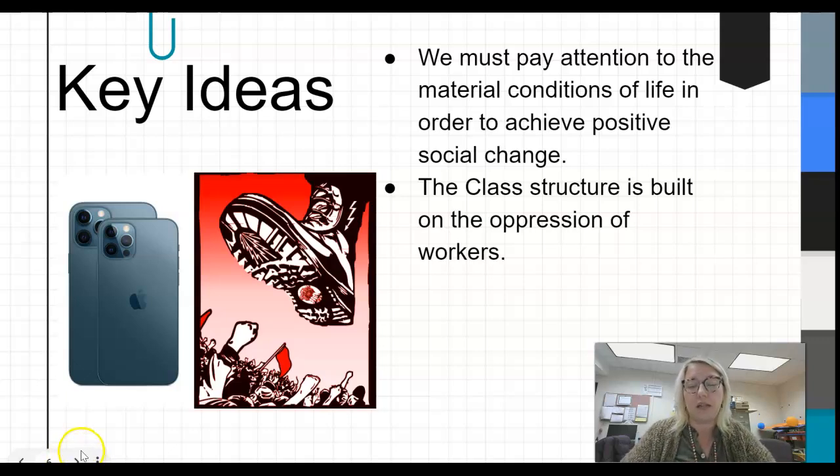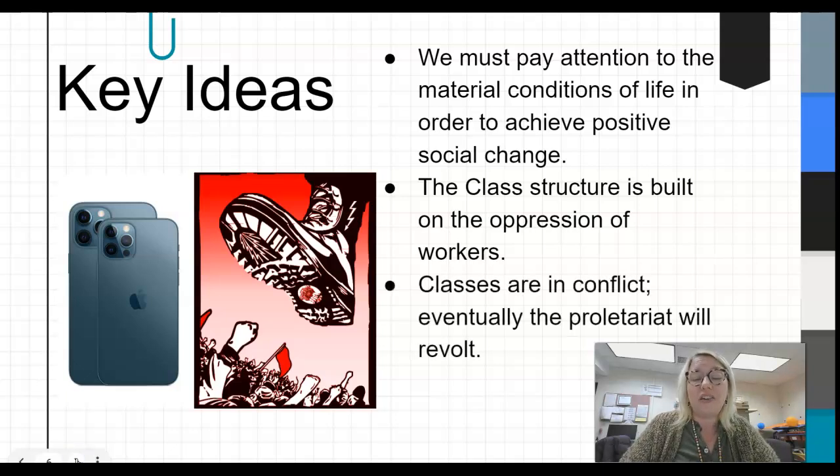And so all the wealth, he said, that the bourgeois and the aristocracy have is built by the workers. Classes are in conflict is another key idea, and eventually the proletariat will revolt. There will be a revolution against those in power.